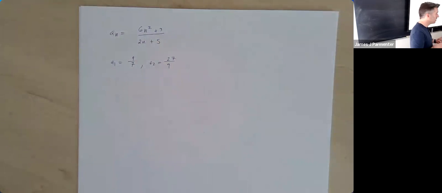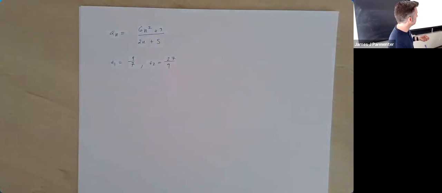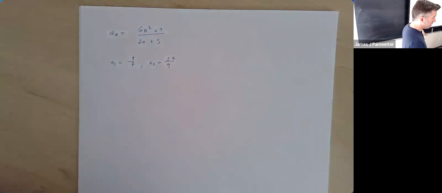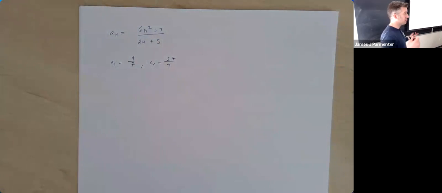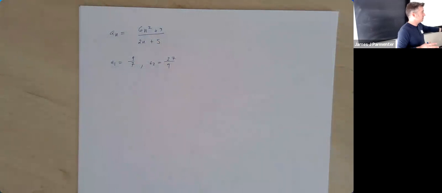I will say, as we do more of this, it's usually not in your interest to simplify terms. Meaning, I know 27 over 9 is 3. But often we're going to be working backwards, starting with the first 5 terms of the sequence and trying to figure out what the formula is. And it's usually much easier if those terms are unsimplified to identify what patterns are happening.